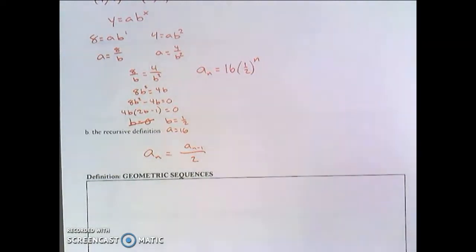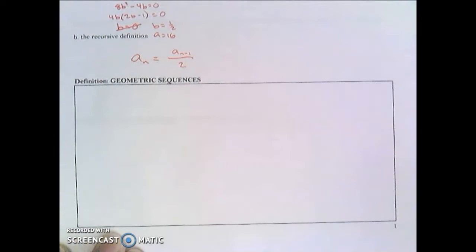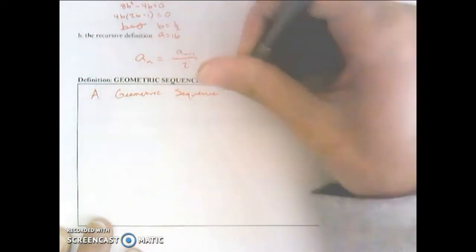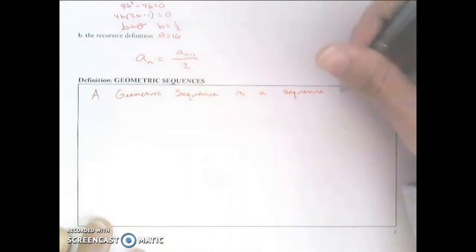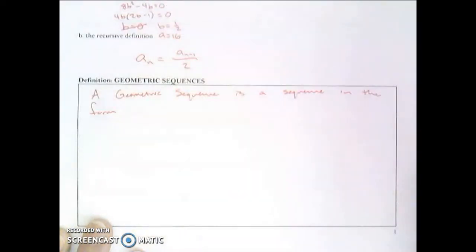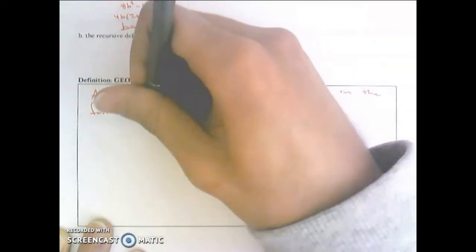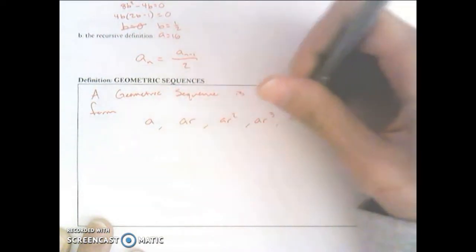All right. This brings us to geometric sequences. Let's define what a geometric sequence is. A geometric sequence is a sequence in the form a, ar, ar squared, ar cubed, and so on.